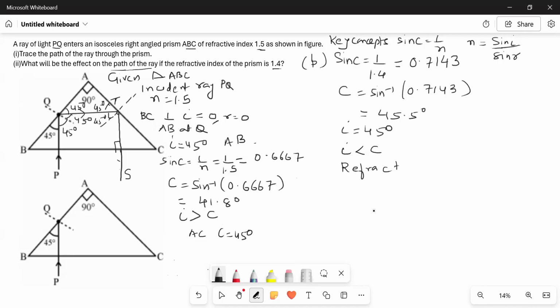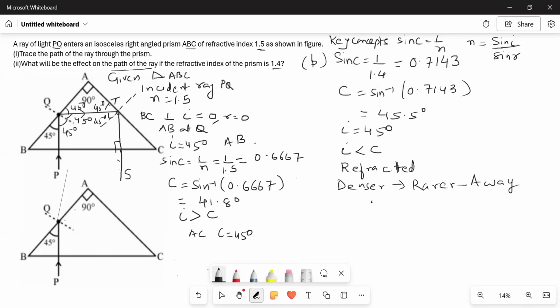Refracted means it will move out of the prism. And when it is moving out of the prism, it is moving from denser to rarer medium, so it will move away from the normal.